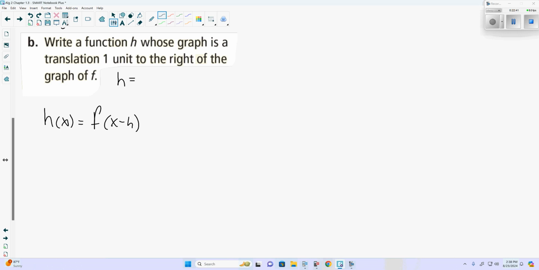Now what would our value of h be? 1. Would it be positive or negative? So which direction are we moving? To the right. So right direction is what? Normally positive, yes?